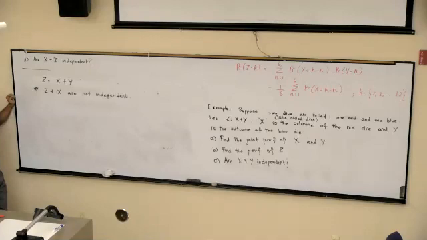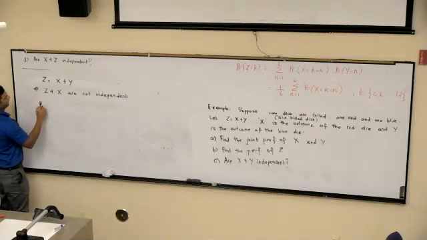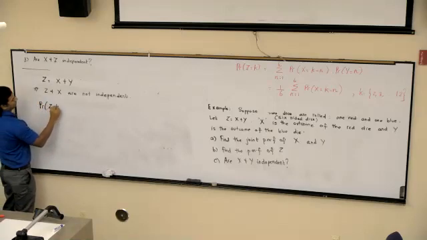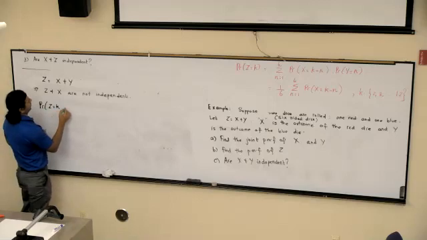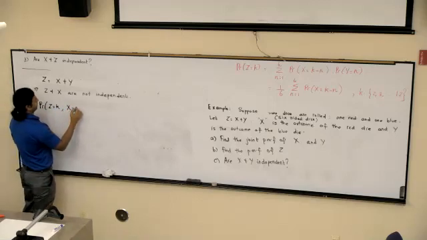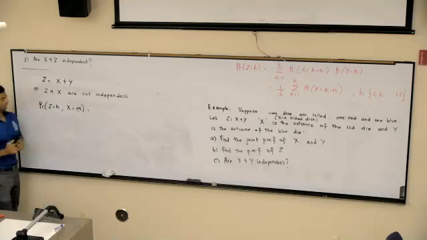How would we show this? Well, the probability of z equals k, comma, x equals m. We want the joint PMF.